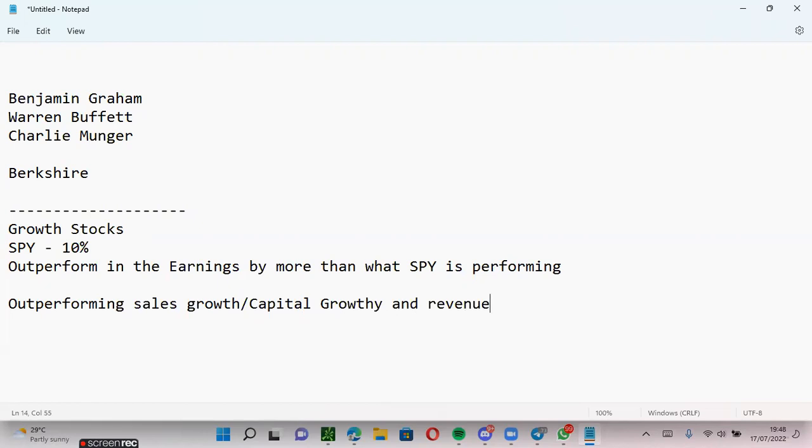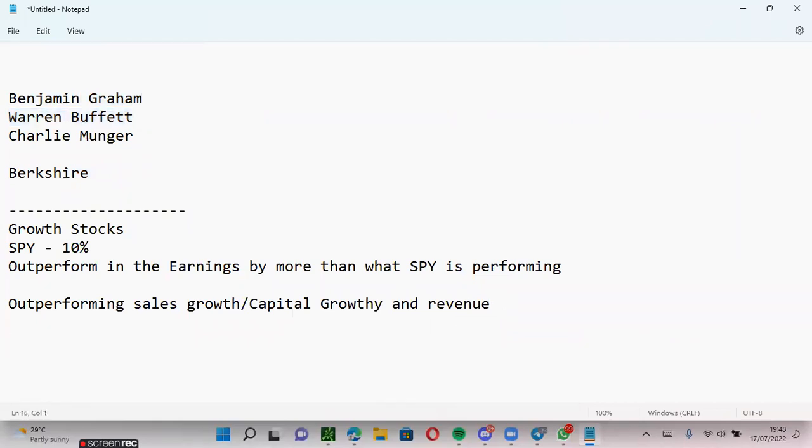These are the stocks which can grow from one quarter to another quarter, and those are the stocks we want to find eventually. That's what Warren Buffett and Charlie Munger were trying to do for Berkshire, right? Benjamin Graham is basically the guru for Warren Buffett.